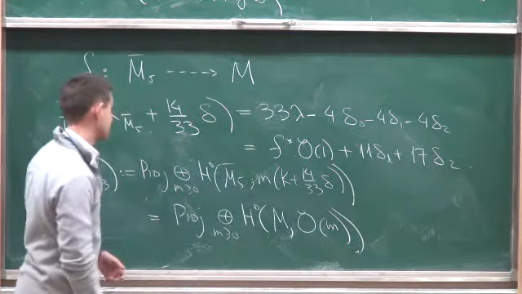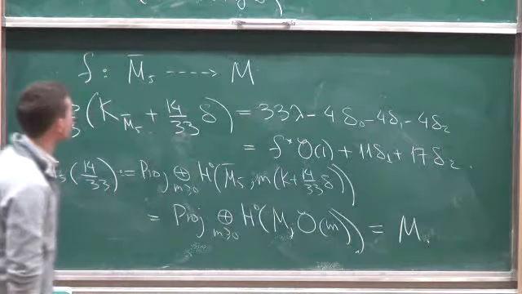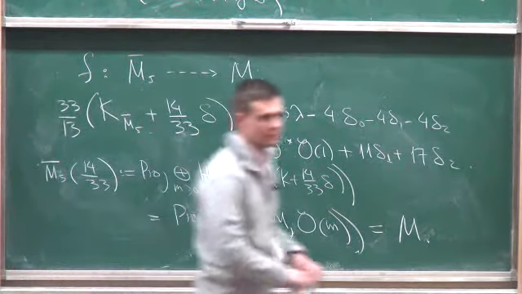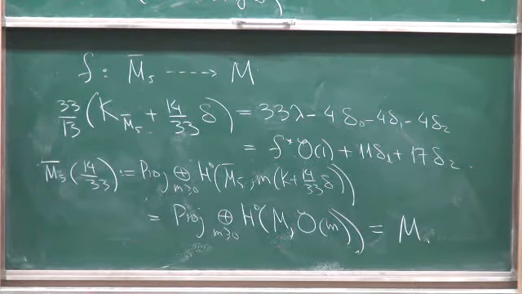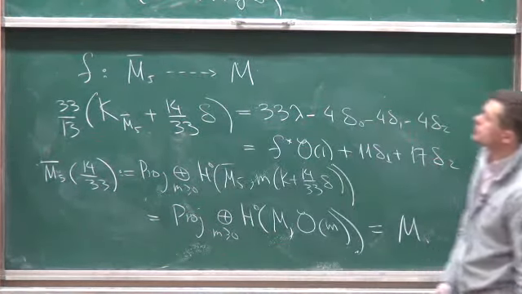And since O of 1 is ample, this is just M. So this shows that M is the log canonical model associated to alpha equals 14/33.